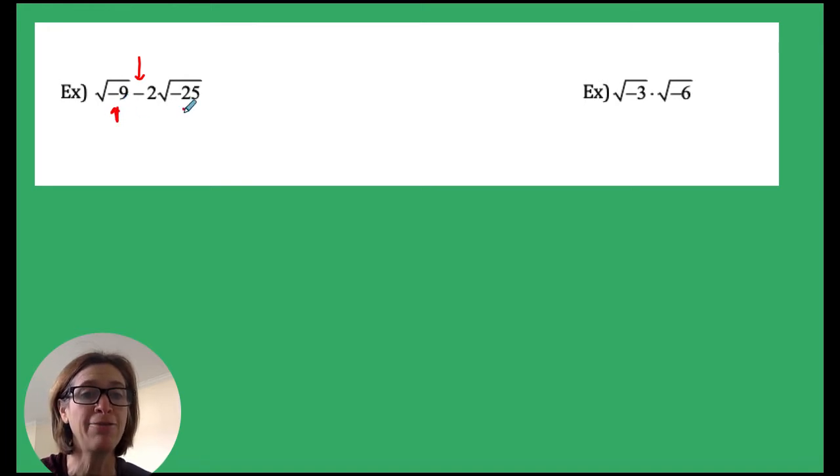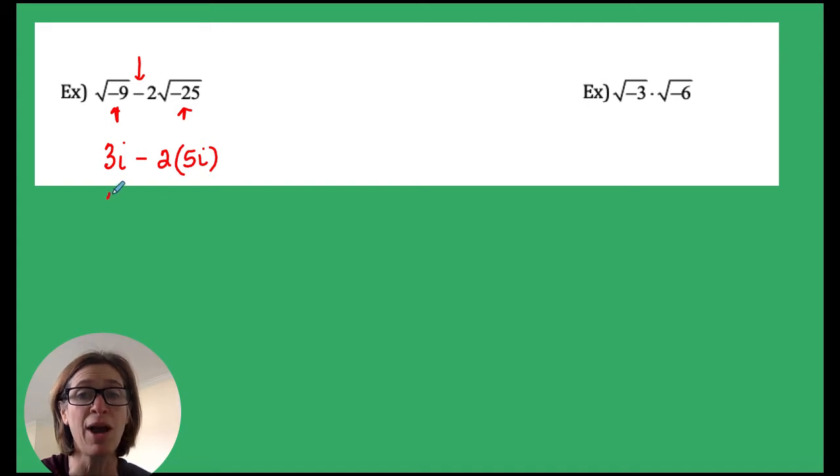The square root of -9 would be, the perfect square 9 is 3, and then that square root of -1 is i, so this would be 3i. Minus 2, now the square root of -25 would be 5i. Notice I'm putting it in parentheses because I do have to multiply it by that 2. So that would give me 3i minus 10i.